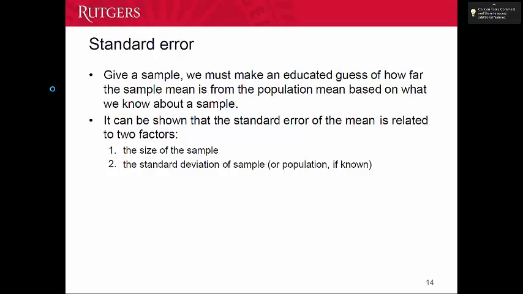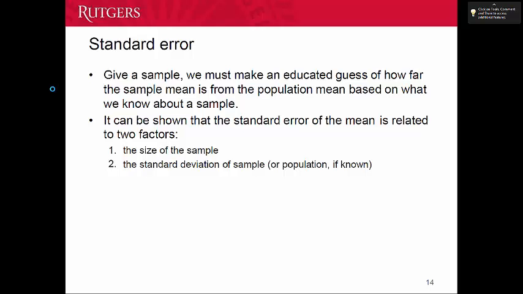There are two primary factors which can help us to estimate the standard error. The size of the sample and the standard deviation of the sample or population if known. The size of the sample.